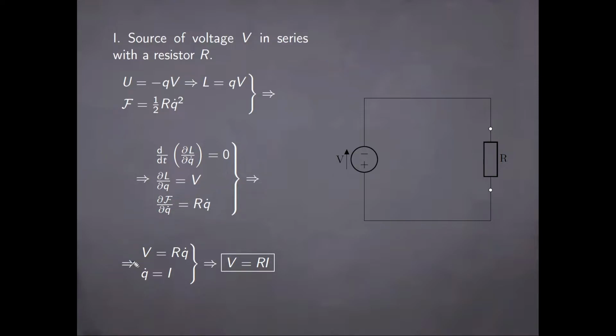So the equation of motion is simply V being equal to R times the time derivative of Q, but the time derivative of Q is obviously just the current flowing through the resistor. So the end result is simply the well-known Ohm's law for a steady-state current, which says that the voltage across a resistor is given by the product between the resistance and the intensity of the current flowing through the resistor.